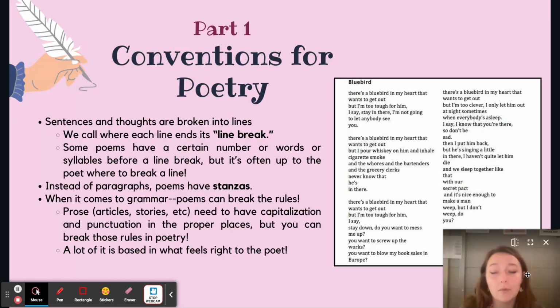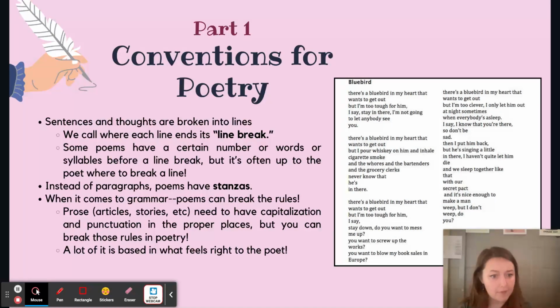So when we are looking at the conventions for poetry, you can visualize when you're looking at it on a page, a lot of times it stays towards the left. There's a lot of blank space towards the right most of the time. The reason for this is because when you are writing poetry, the poet has the liberty, the freedom to break a line and go ahead, hit enter, and push it to the next. Now, this can change the pace at which a reader reads the poem.